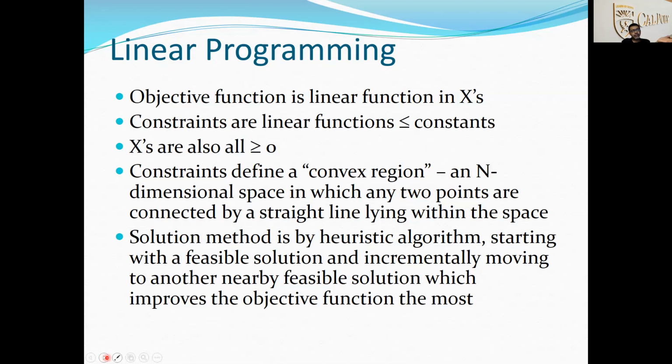I gave you the definition of a convex region: if you connect any 2 points with a straight line, they lie within the space and you never go outside of that space. The solution method is a heuristic algorithm, starting with a feasible solution and incrementally moving to another nearby feasible solution, which improves the objective function the most.